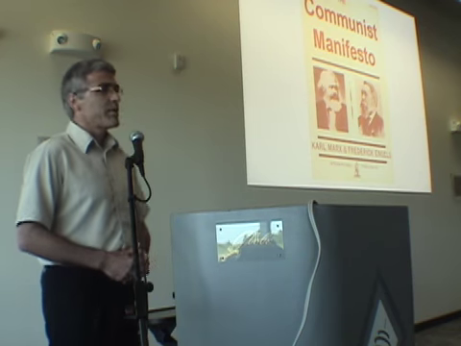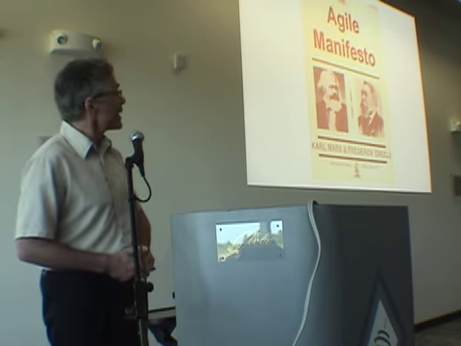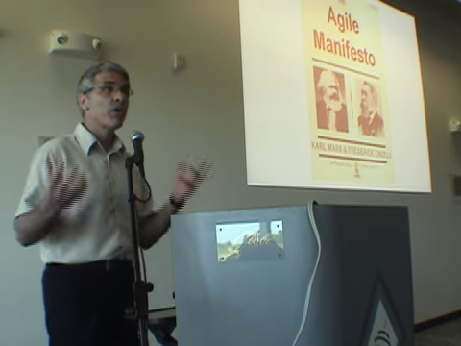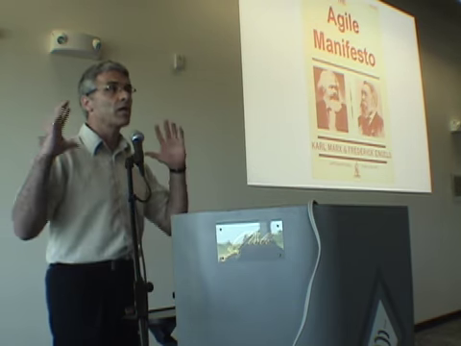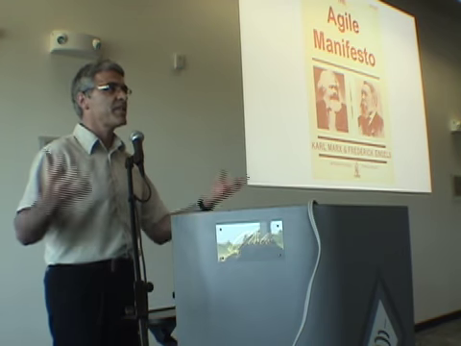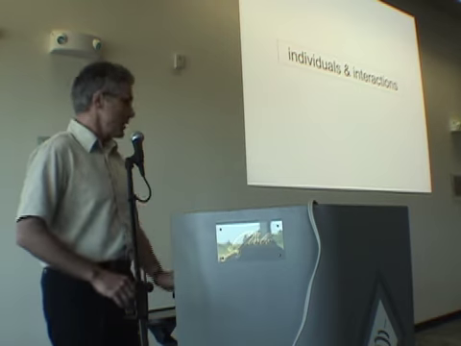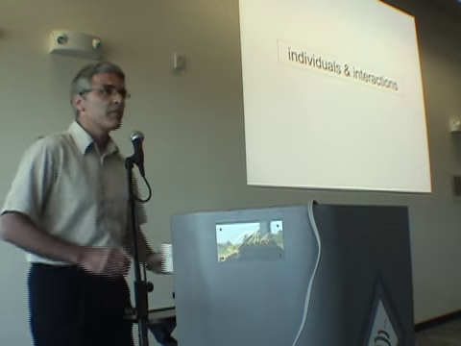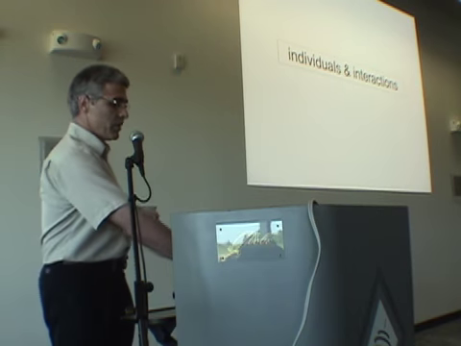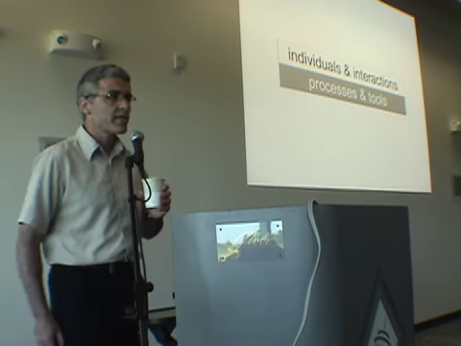And it is the manifesto, wrong slide, the Agile manifesto, which came out in 2001, where thought leaders got together and said, how can we design software in a more sane manner? And they decided that things that were valuable were interactions and people over the processes and tools.